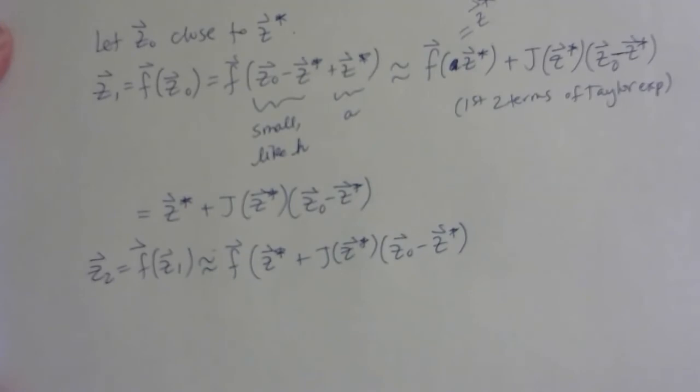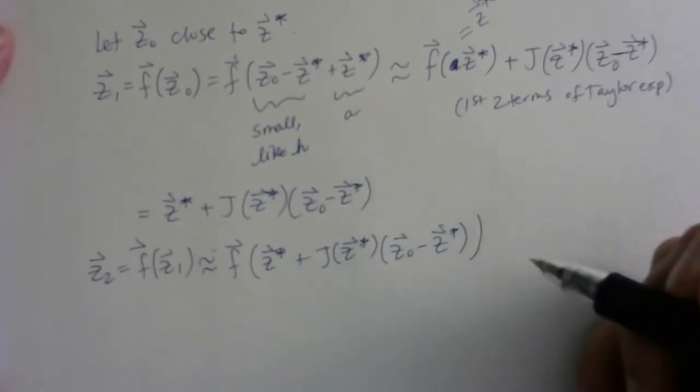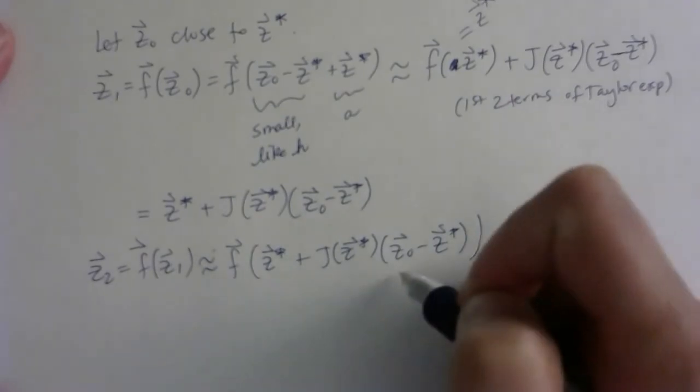So I can again do a linear approximation here, and the reason is this is small.